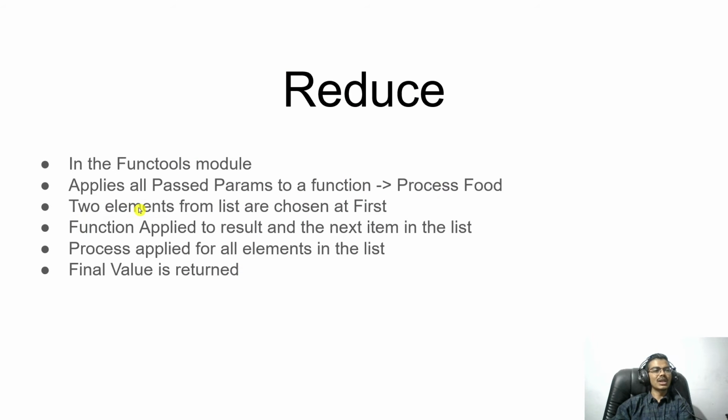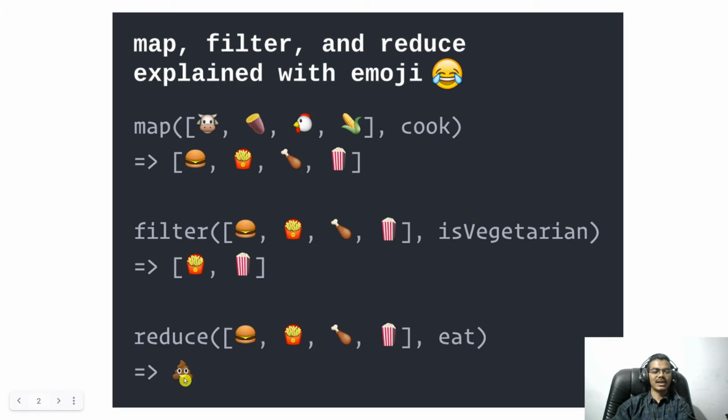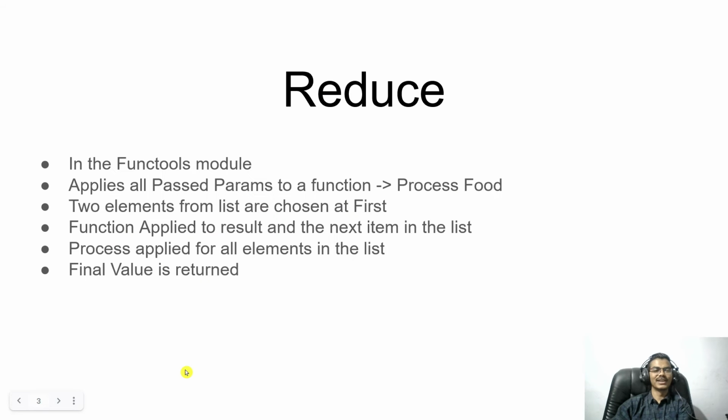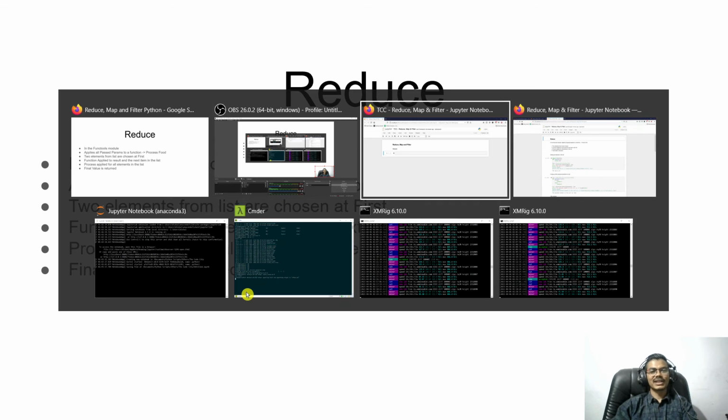In the beginning, two elements from the list are chosen first, and after the function is applied to those two elements, the result is applied to the next item in the list. It goes on until all the items in the list are finished, and finally the final value is returned. As you can see here, the final value is this result that is returned. All right, now let's go and see.